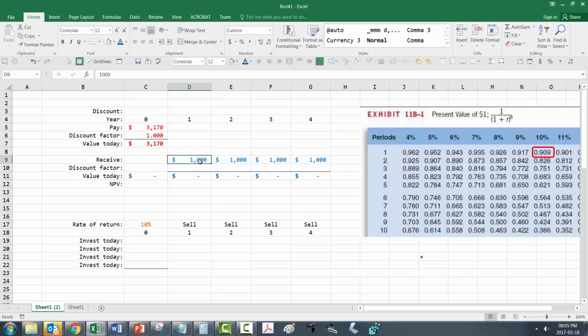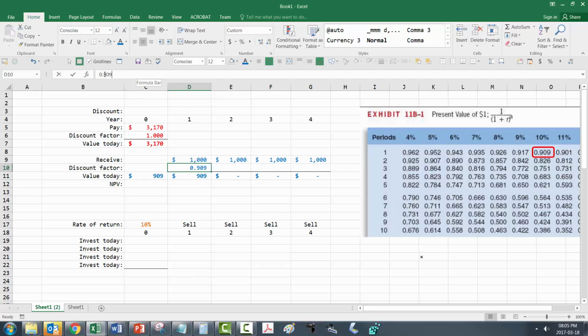The way I would determine that is I would go to my table and look at a return of 10%, and then for one period go straight across, and I would see that that $1,000 in the future is worth, for me today, about 90.9% or $909.